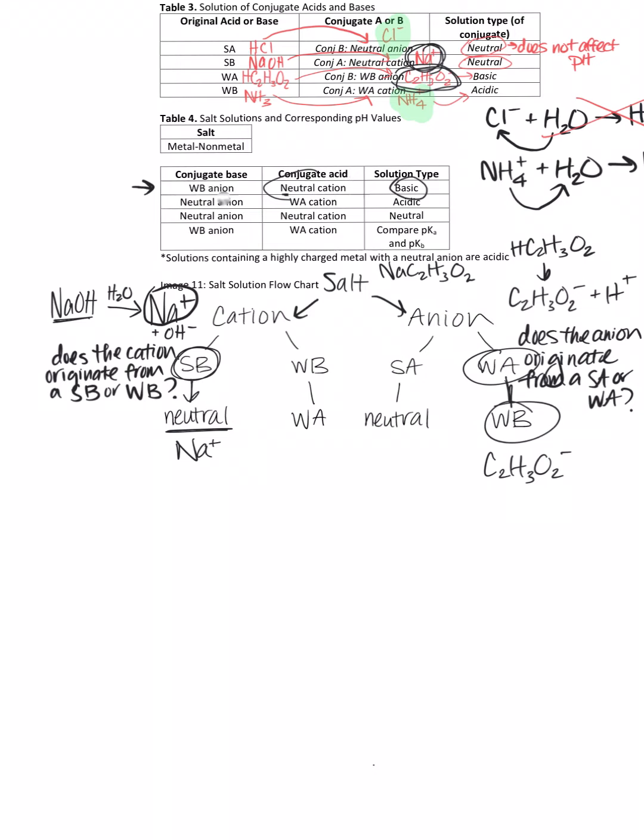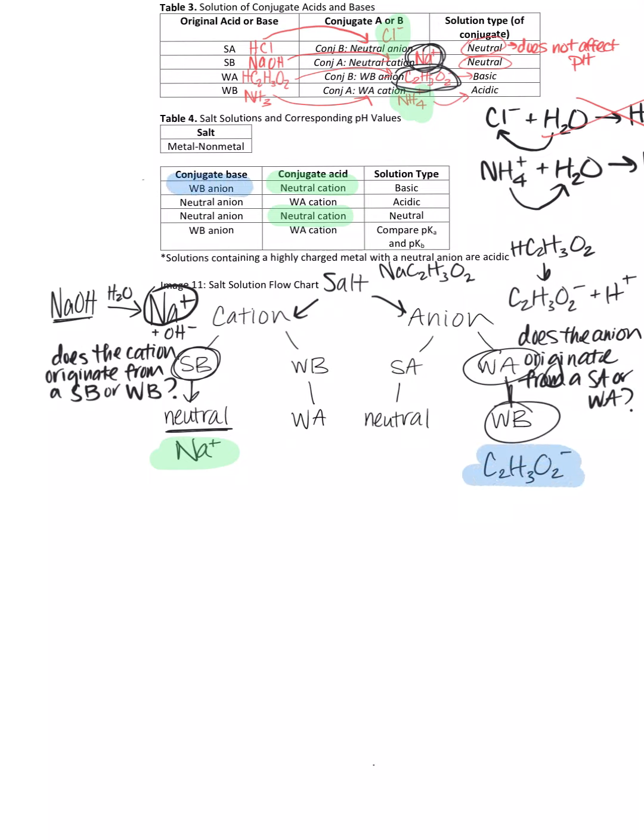Now if we go back up to the top, this table right here, we can identify what type of solution we'll have based on the cation and anion. So let's start with the cation. We have a neutral cation, neutral cation right there. And then we have a weak base anion.